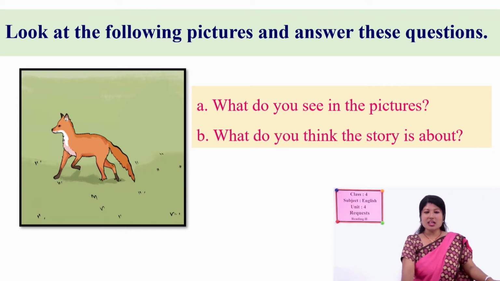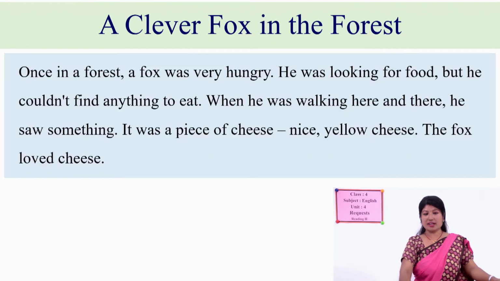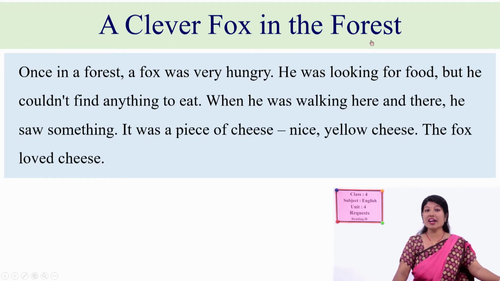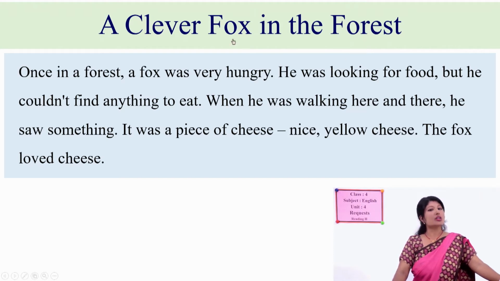Okay, here it goes, the story. Let's start with the first paragraph. A clever fox in the forest. What is the title? A clever fox in the forest. Usually the fox, they are known for being clever.